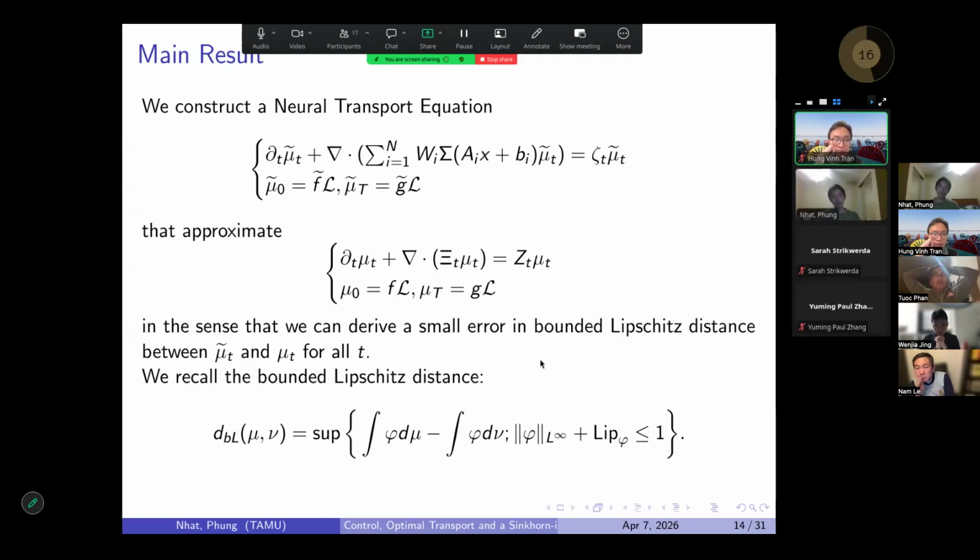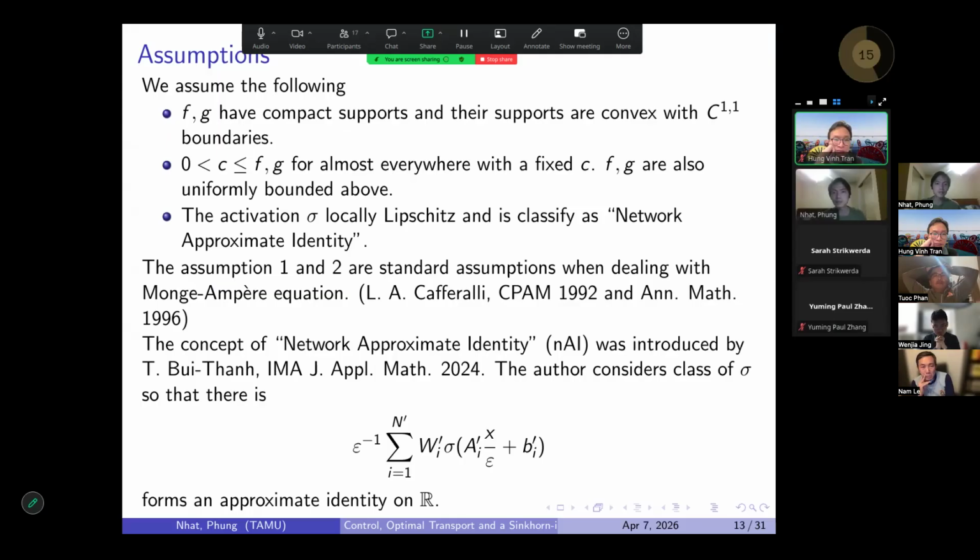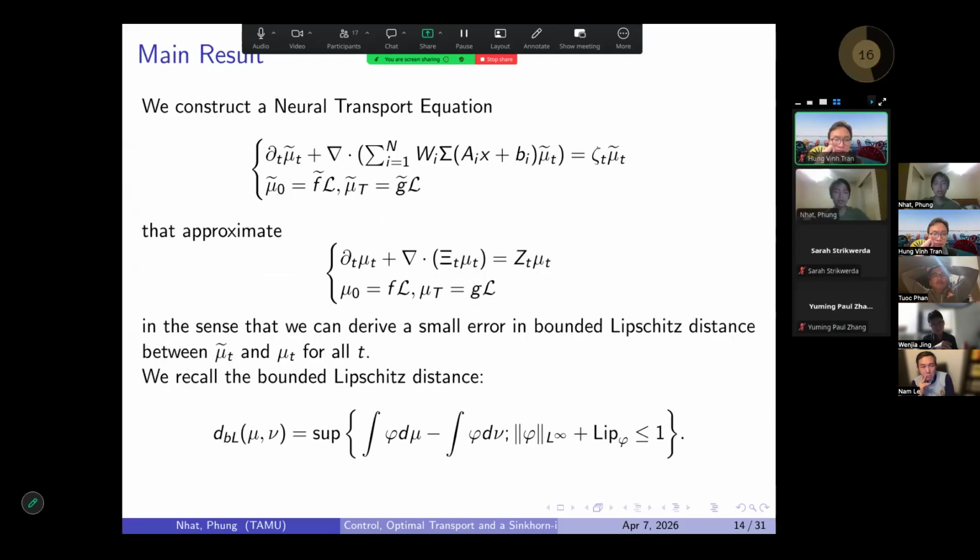Based on the above assumption, we can actually construct a neural network in here with a mass control, so that the solution, the theorem, mu_t in here will approximate the exact solution of a certain exact transport equation.